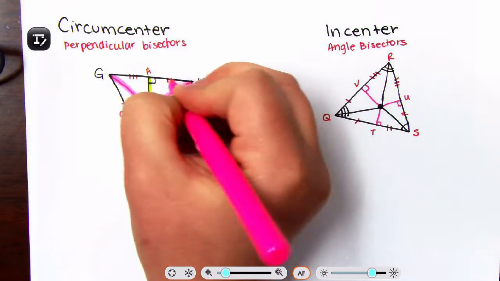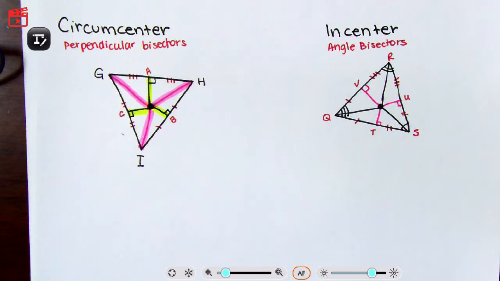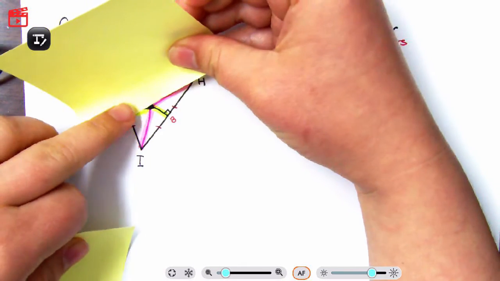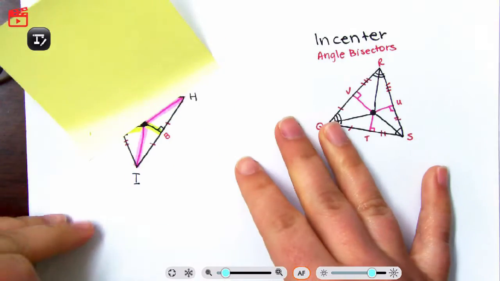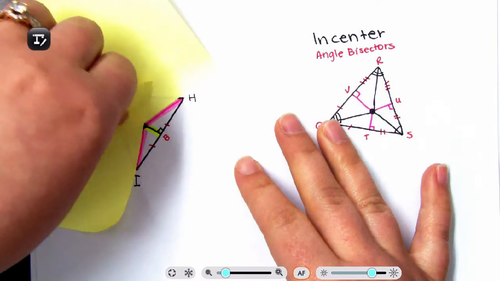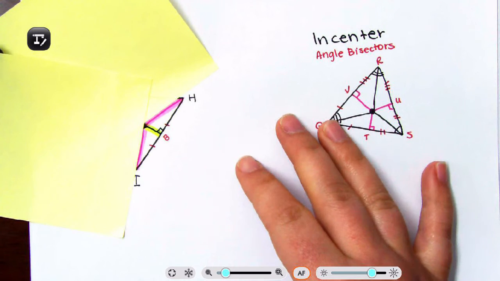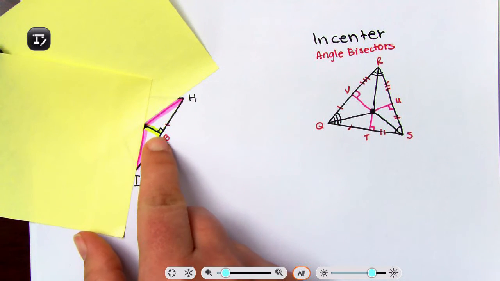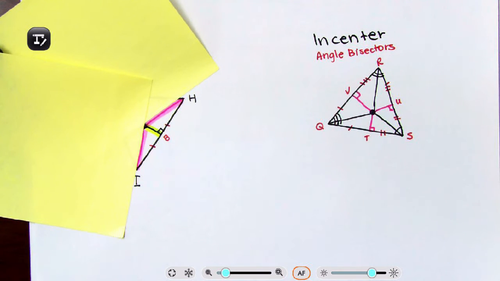It also means that you will have triangles created by these pink lines, and you'll have the sides. So I'm going to close this one up, just like that, and this one here. You can see a triangle, and what you'll notice is you have this perpendicular bisector, and a bisector means cut in half.